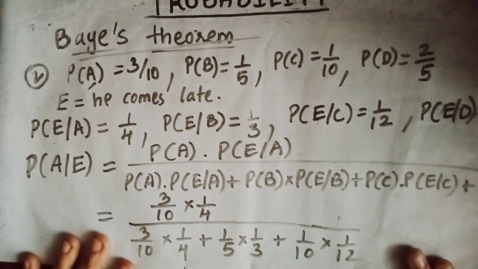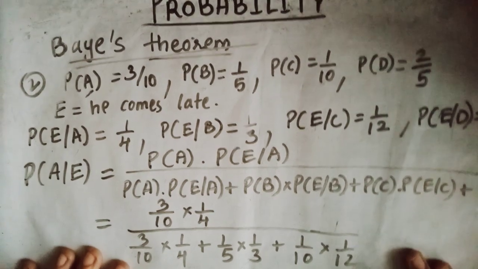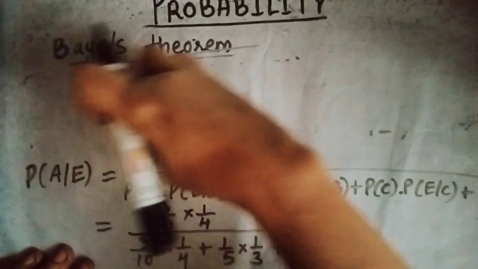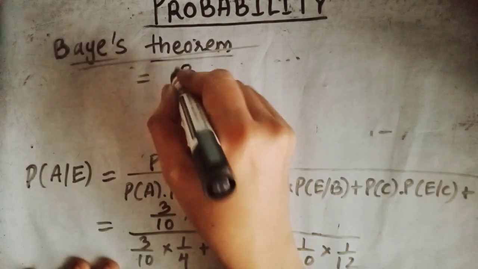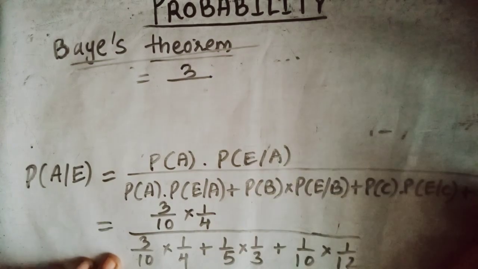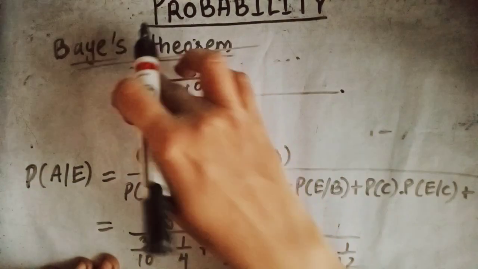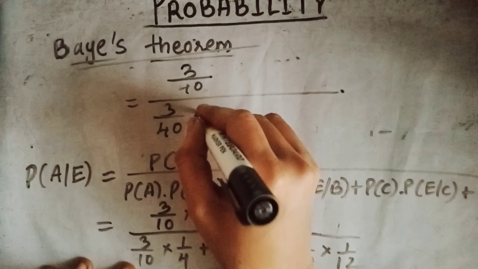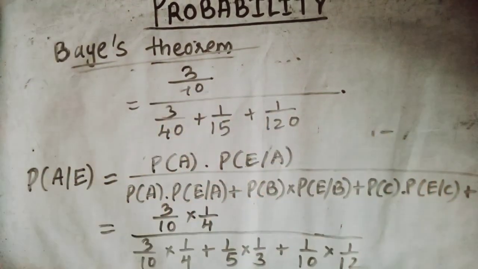Now you can do the multiplication. So this becomes 3 over 40 upon 3 over 40 plus 1 over 15 plus 1 over 120.